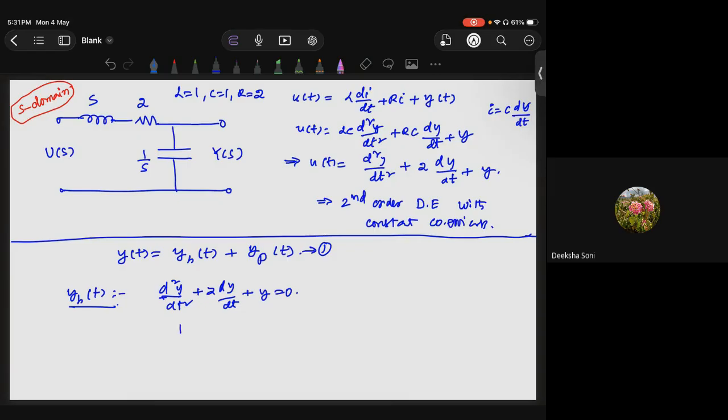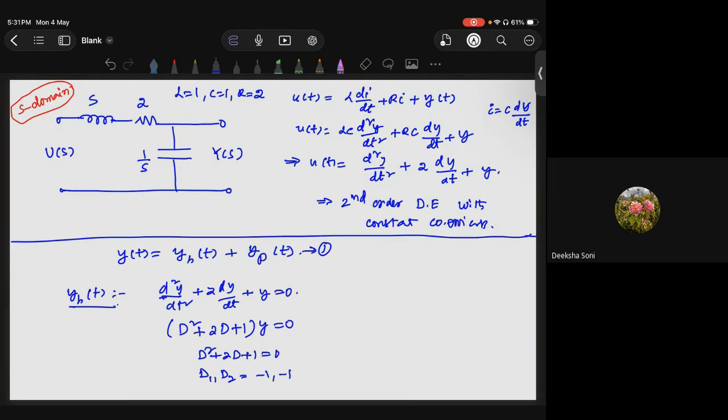It will be D square plus 2D plus 1 multiplied by y. So D square plus 2D plus 1 equal to 0. What are the roots? It will be (D plus 1) whole square, so minus 1, minus 1, correct? Yes, sir.